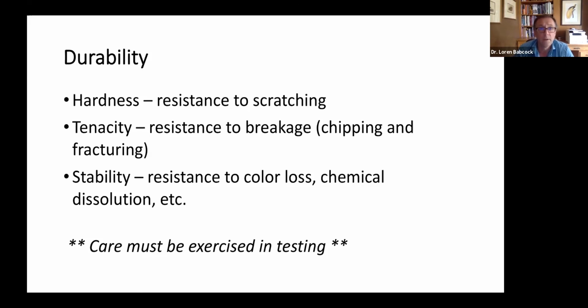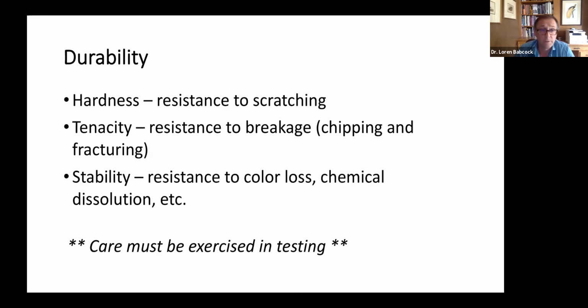Another durability factor is what we call tenacity, or sometimes it's called toughness, which is the resistance to breakage or the resistance to chipping and fracturing. Some minerals are extremely difficult to break, like jade, for example. The 2 kinds of jade are very difficult, very resistant to breakage, like chipping, fracturing, even hitting with a hammer.